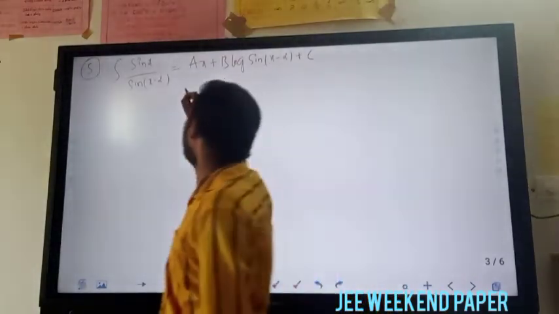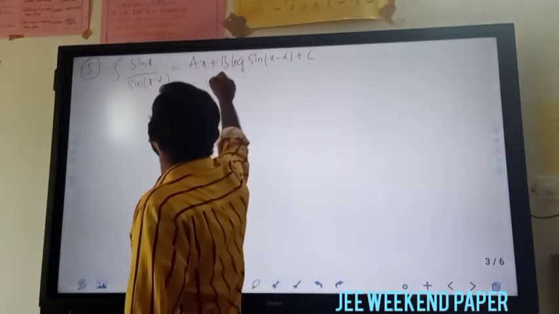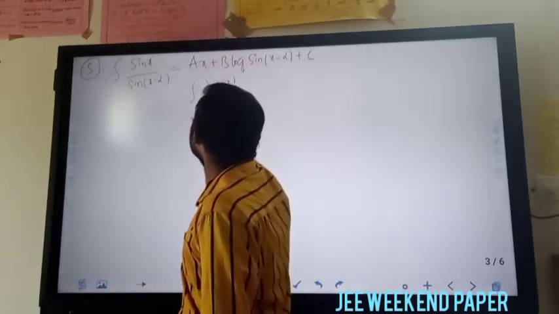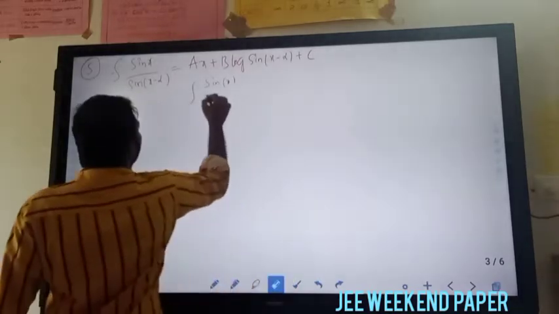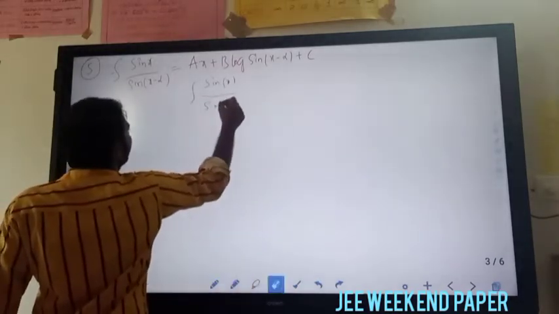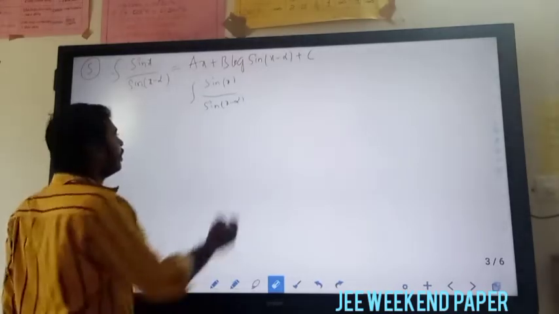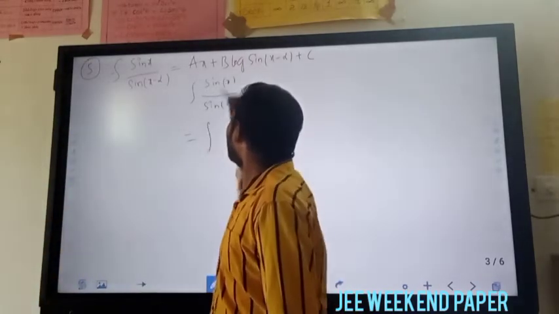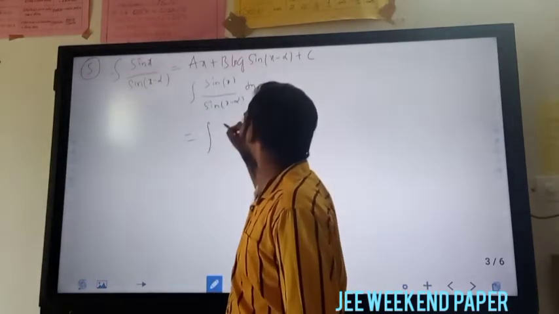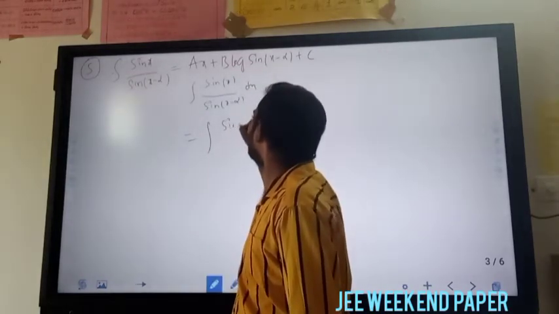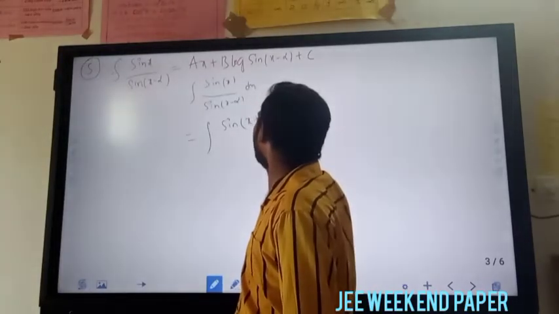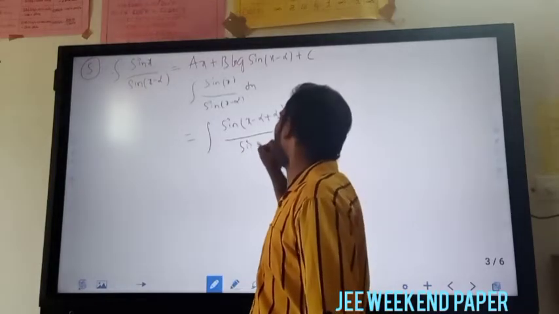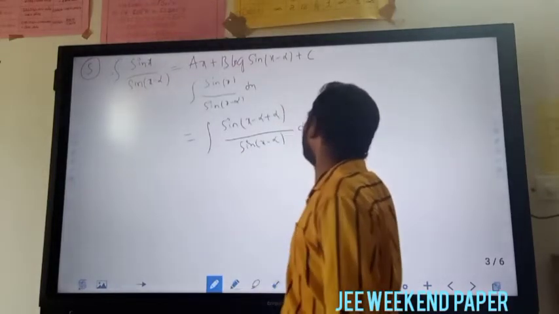First of all, given integration of sin x by sin of x minus alpha. To convert these terms, sin x can be written as sin of x minus alpha plus alpha by sin of x minus alpha into dx.